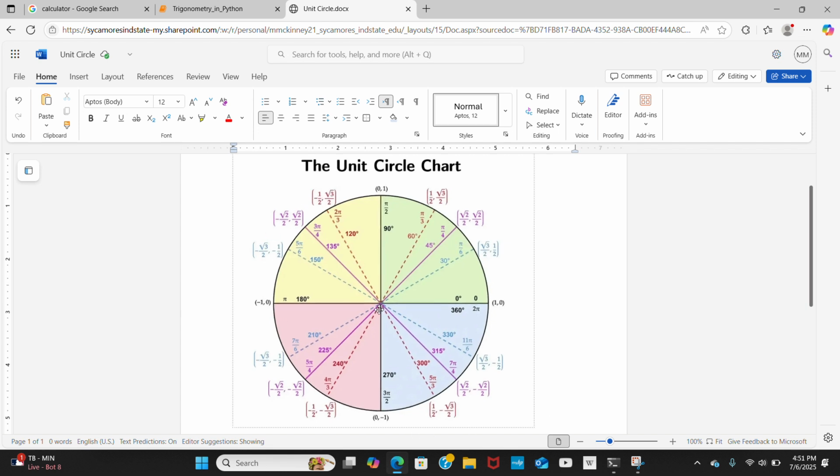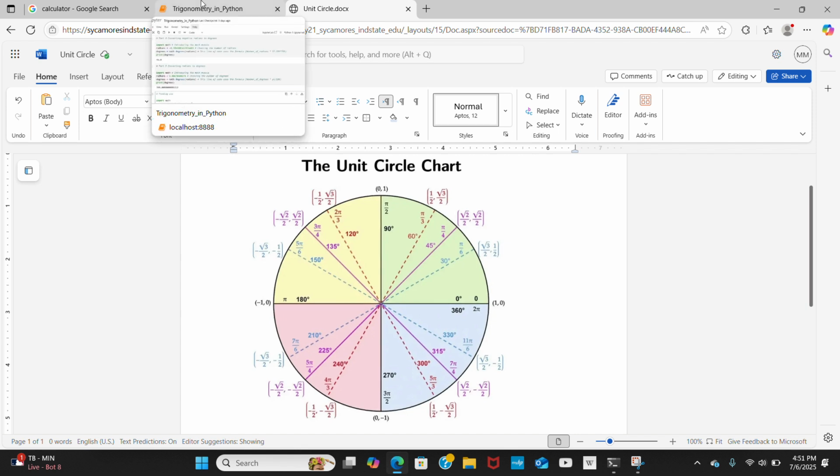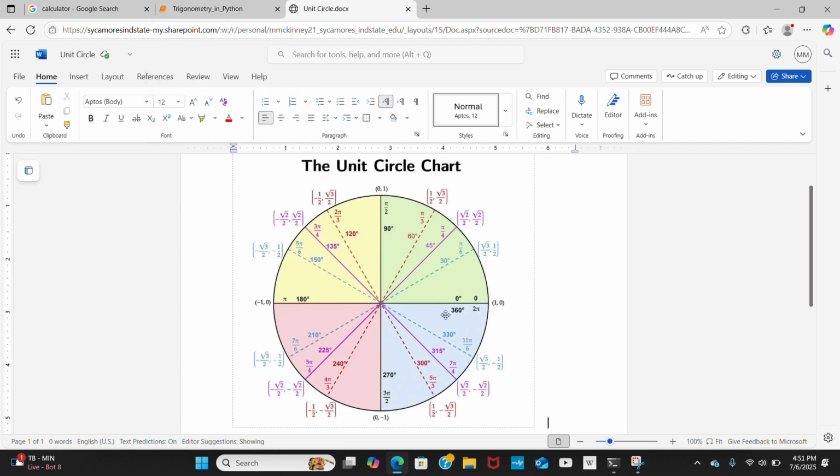The y values are positive and the x values are positive for the first quadrant. Over here, the x is negative and the y is positive. Down here, it's both negative, and over here, only the y is negative. You've probably seen this before with charts. I'm going to show you how to find sines and cosines. After that, we'll do tangents and inverses.